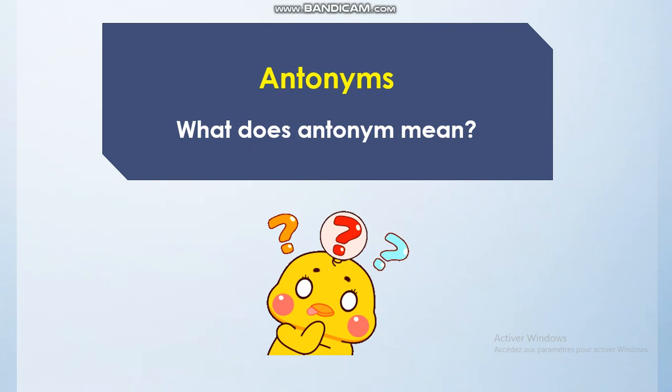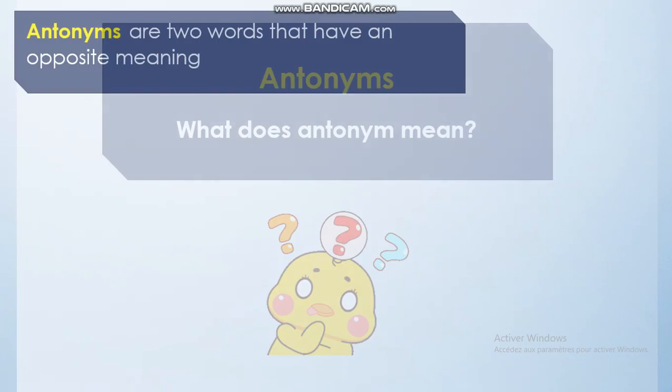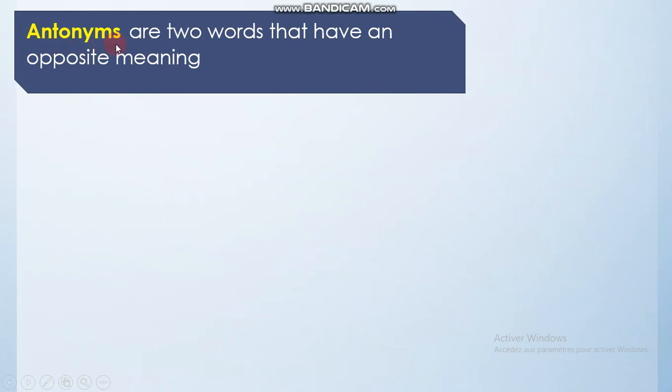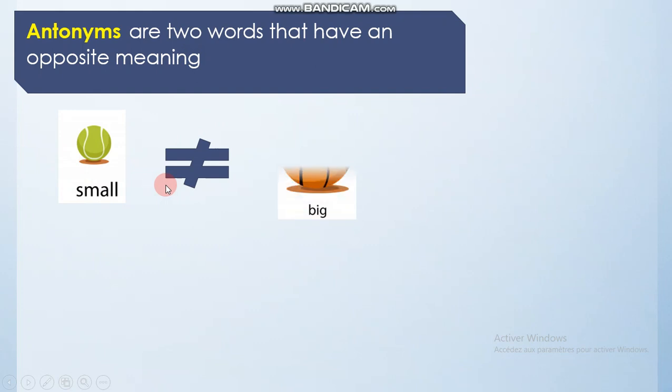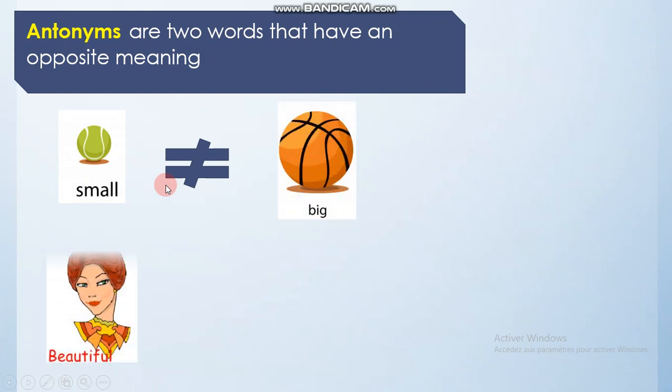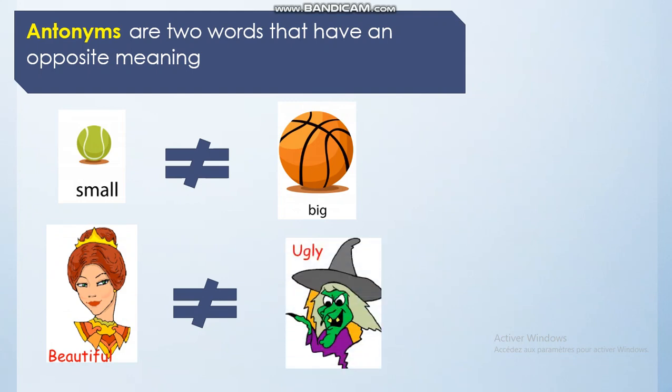So what does antonym mean? Antonyms are two words that have an opposite meaning, as I said before. For example, small is the antonym of the word big. Beautiful is the antonym of the word ugly.